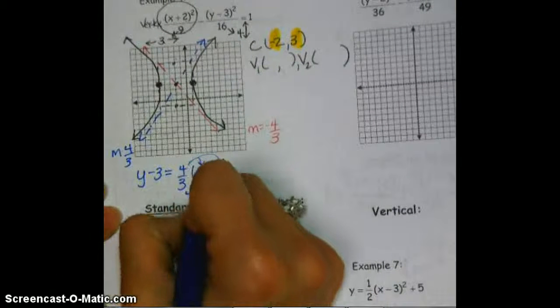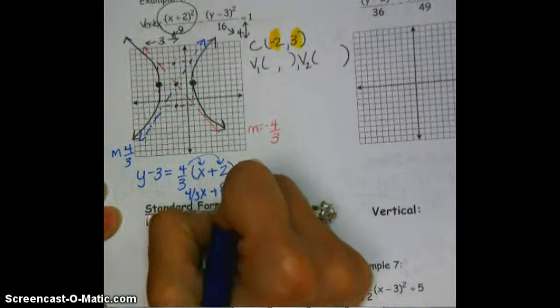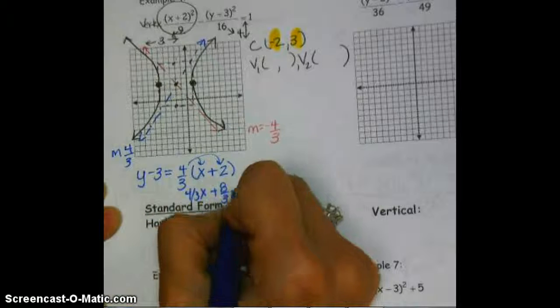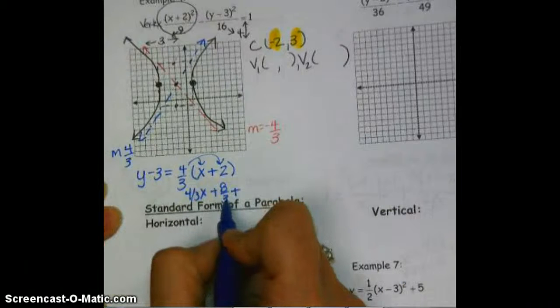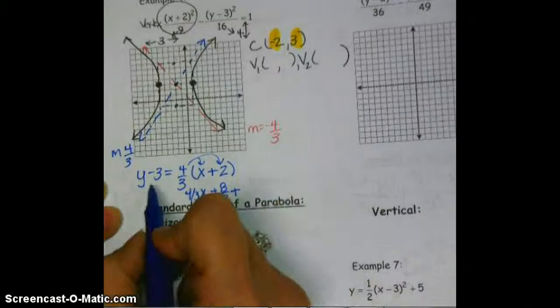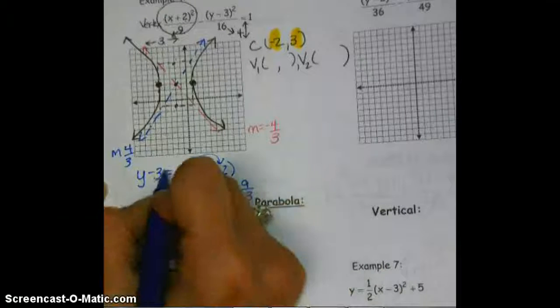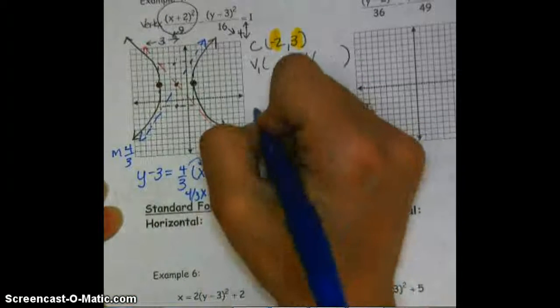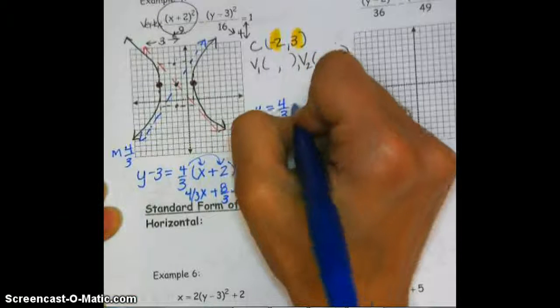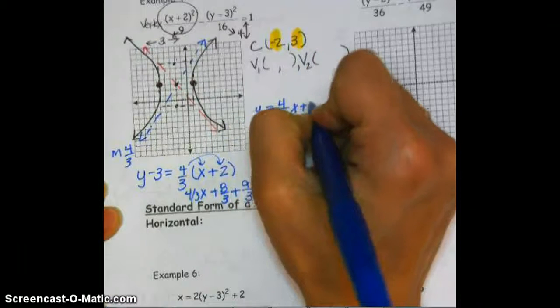So then it's 4/3 x plus 8/3, and since I have to move this over, and it needs to combine with 8/3, so I'm going to make it positive 9/3 because they need a common denominator. So my equation is going to be y equals 4/3 x plus 17/3.